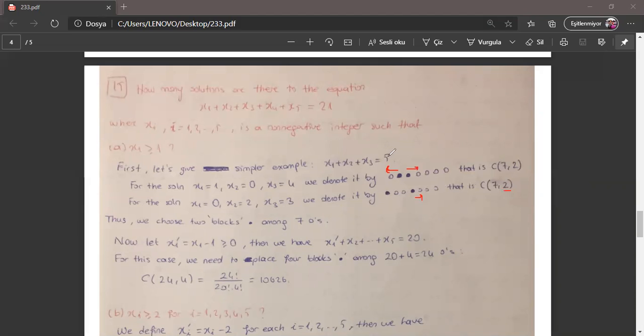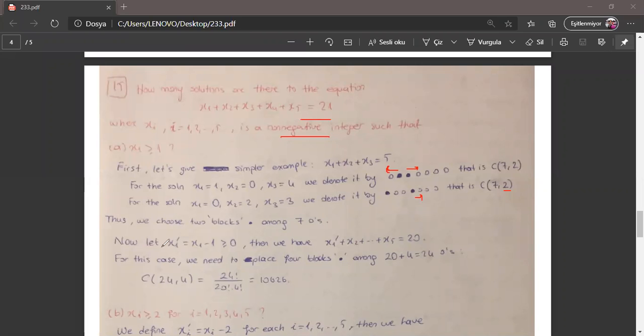Okay. Now, what do we do for this question? We want x1 to be greater than or equal to 1. Now, remember, we want solutions that are non-negative.